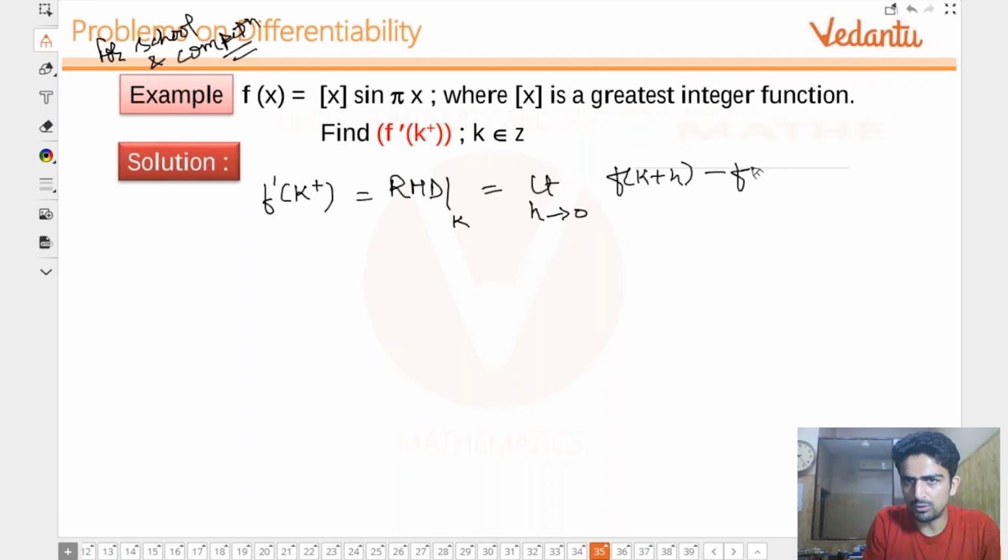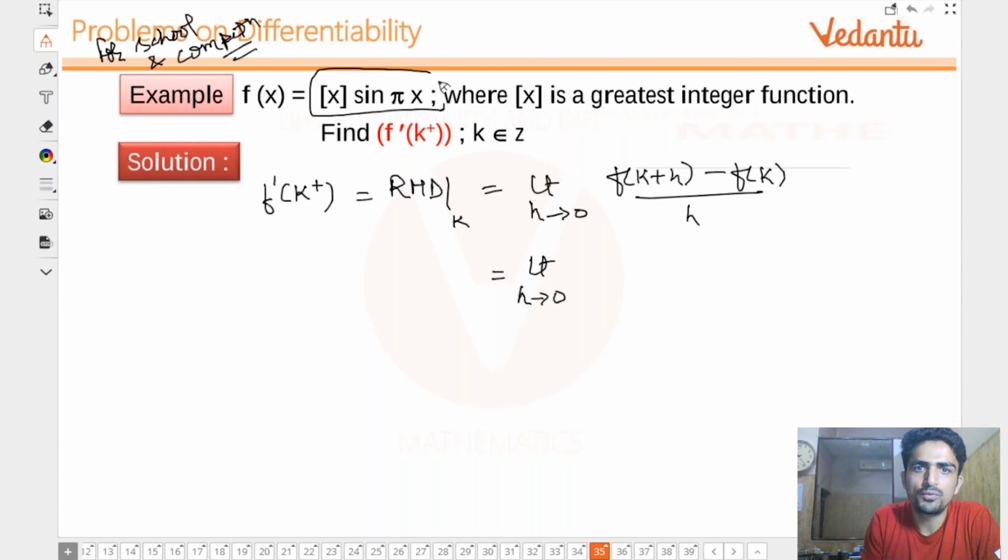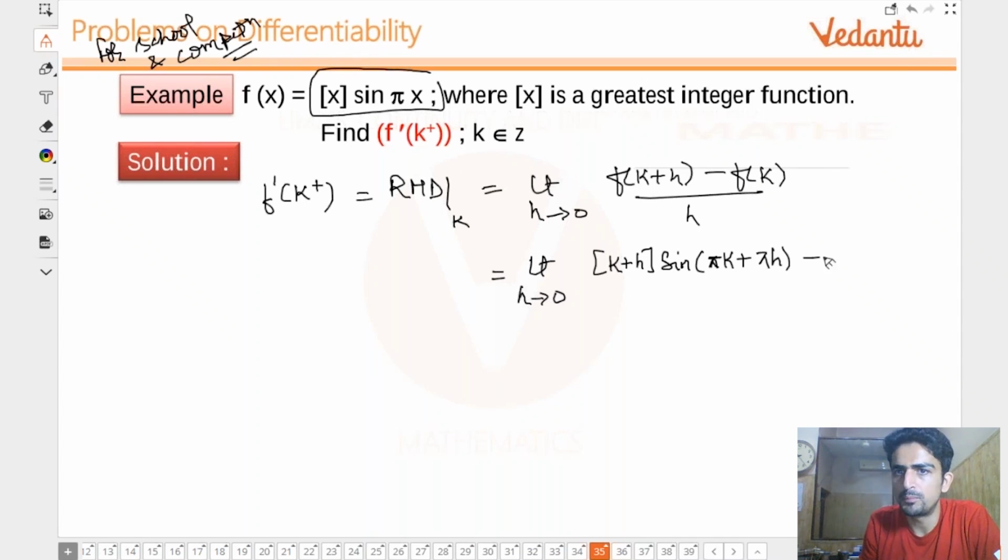Then what is so good about it? Good thing is little bit of trigonometry will be used. Try to see. When we write f of k plus h, what will be f of k plus h? It is greatest integer of k plus h times sine of pi k plus pi h, minus f of k, greatest integer of k times sine of pi k, upon h.